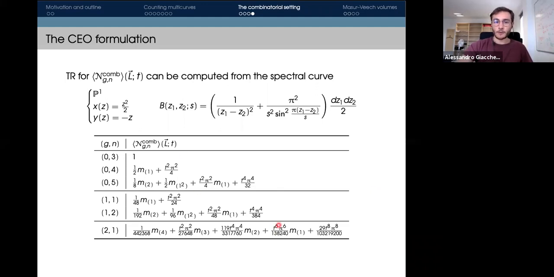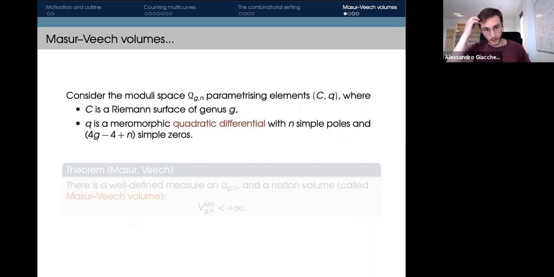Okay, so the point of this is that we can compute this average number of multicurves in both the hyperbolic and combinatorial world. This is an interesting problem by itself, but why should we care? The point is that there's a connection with another area of mathematics, and that is what I want to talk about now.